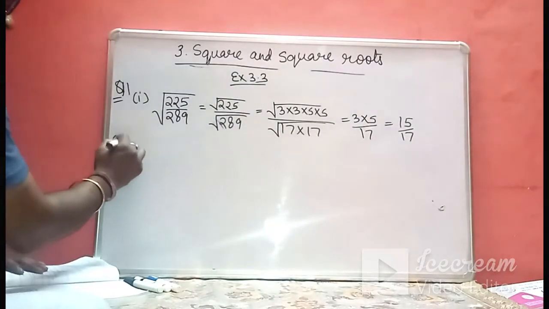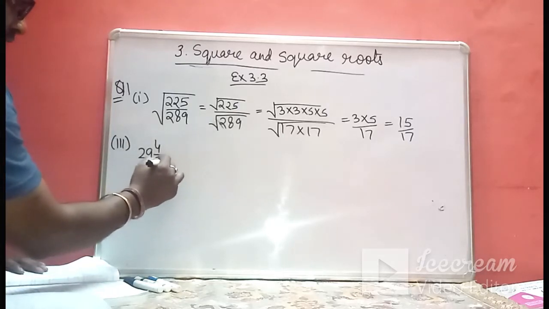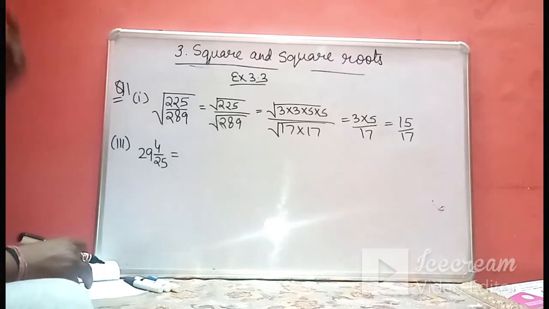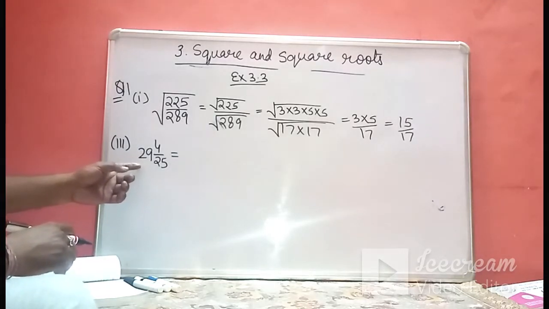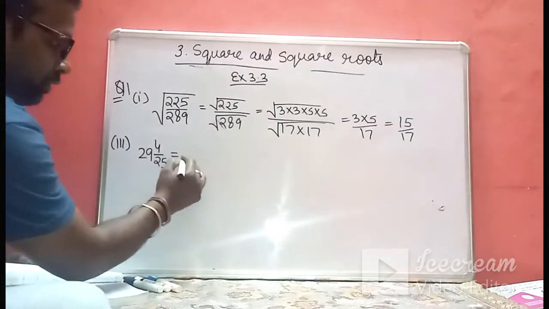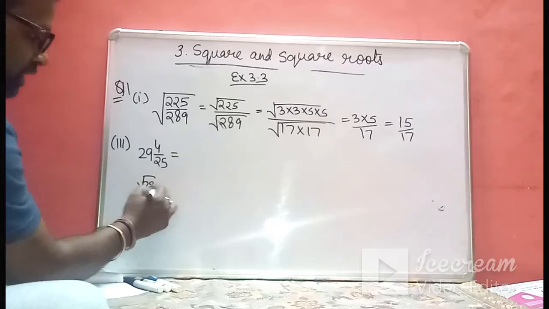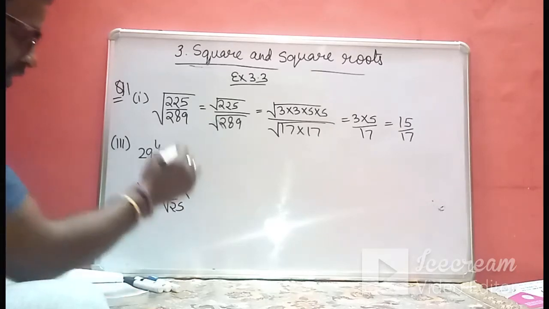Then suppose it is a mixed fraction like this. Okay, this is a mixed fraction. You should not do things like first calculating the square root of the mixed fraction parts separately, like square root of 29, then square root of 4, then square root of 25. It is absolutely wrong.